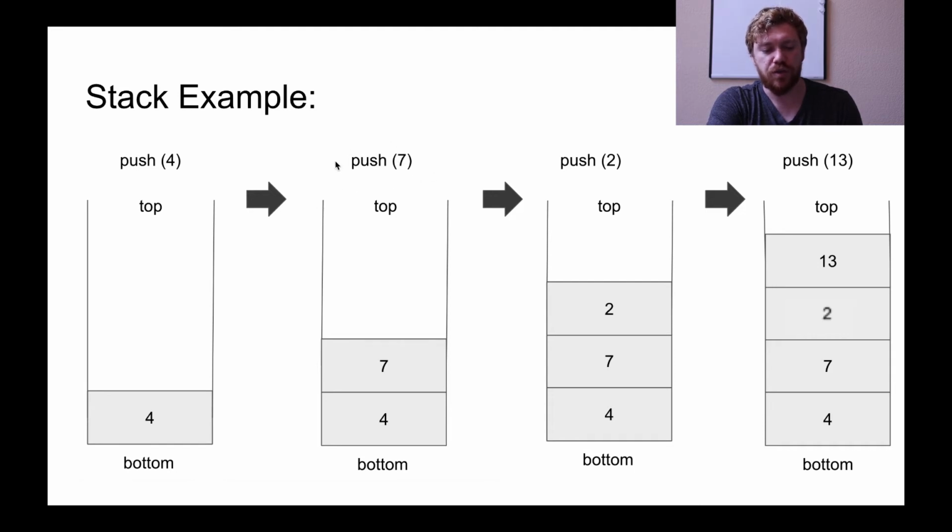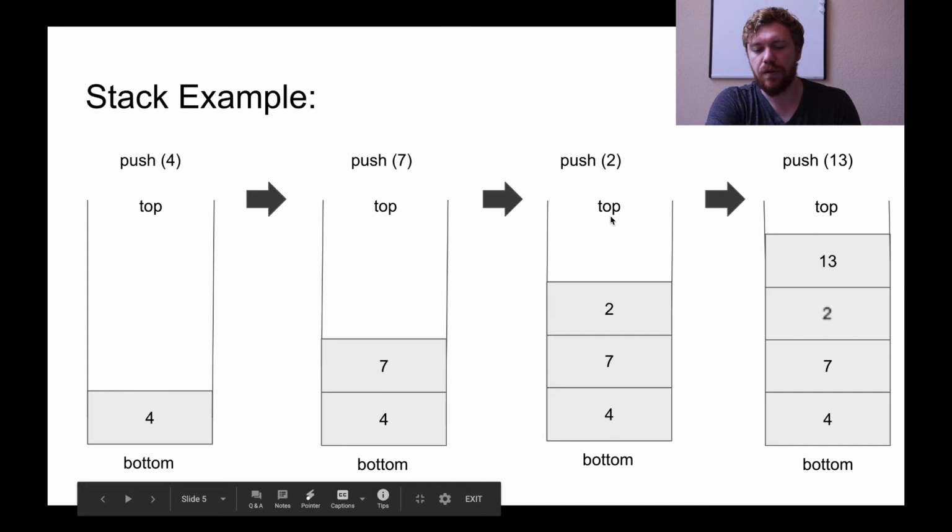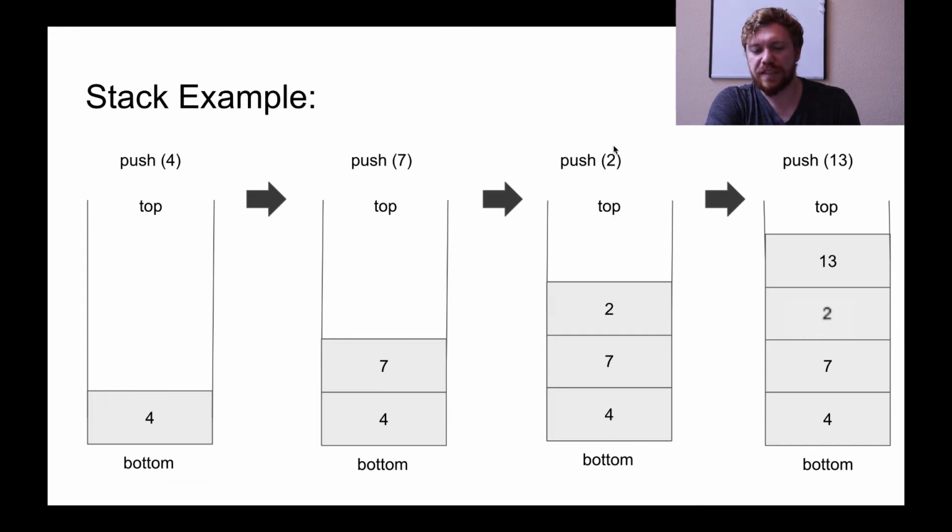Moving on, we push a 7, and so now the 7 is at the top of the stack, and 4 is at the bottom of the stack. Once again, we push 2. 2 gets pushed onto the top of the stack. So you can say basically 2 gets pushed onto the 7, right? But now 2 becomes the top of the stack. And then we push 13 and the same thing occurs, but the 13 gets pushed onto the top of the stack.